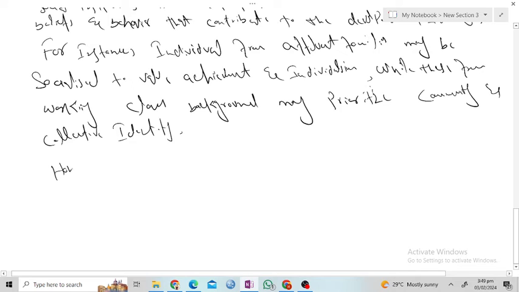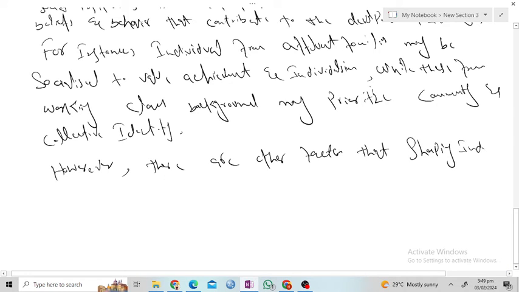However, there are other factors. Now I am shifting towards the second part of the question. There are other factors shaping individual identity. Just to make it clearer, there are the following other factors.